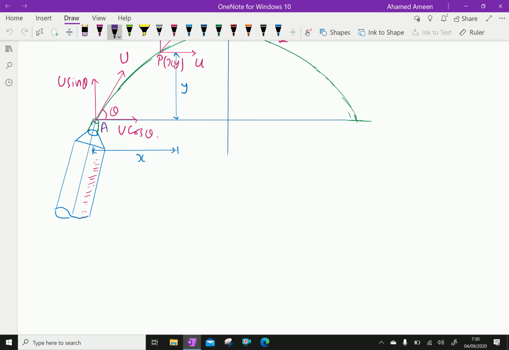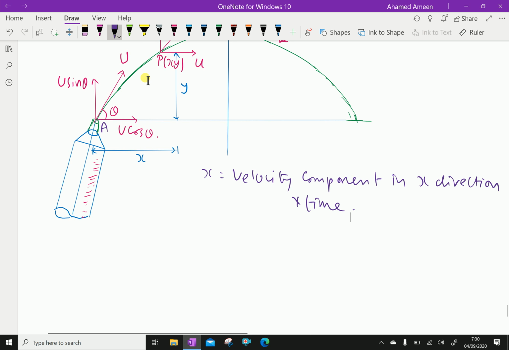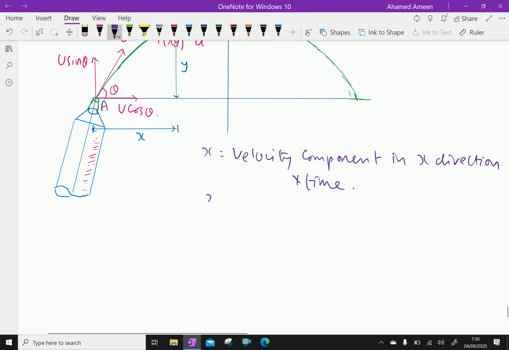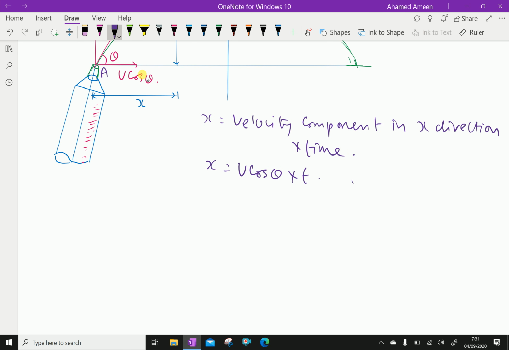Now we'll start the problem. Let x equal velocity component in x direction into time taken from point A to P. Therefore, x equals u cos theta, the horizontal velocity, into time t. Let this be equation 1.